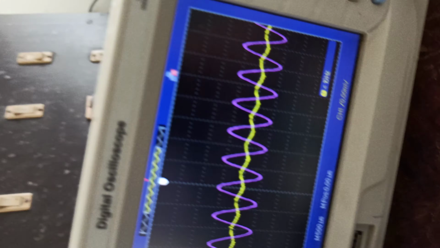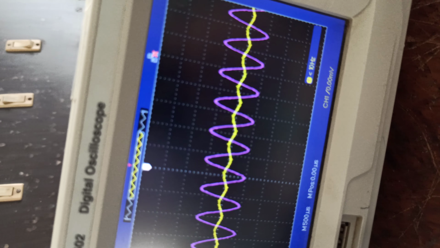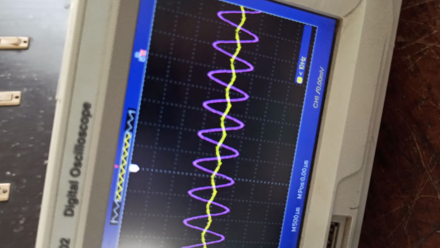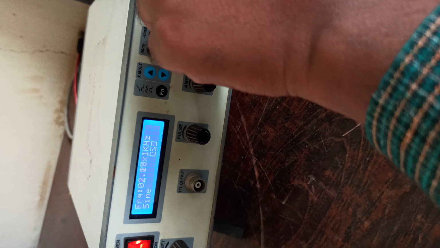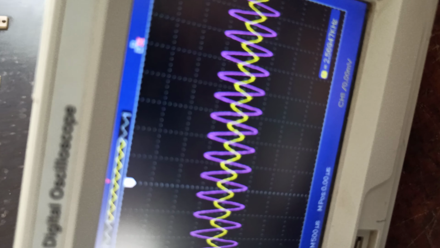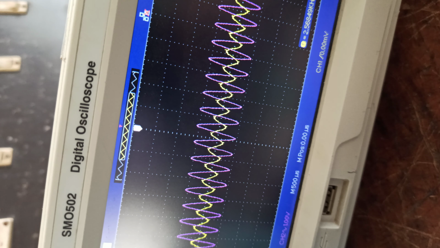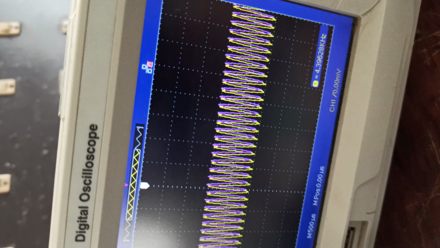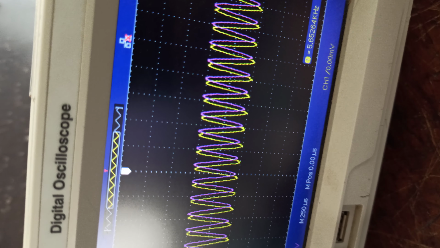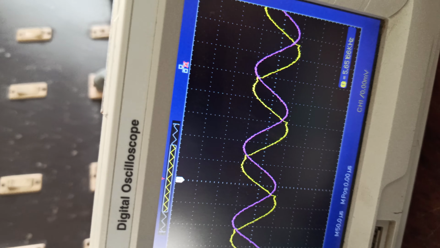For the lower frequency components, it is not allowing them, that is, there is no output voltage, or the output voltage value is very low. Just keep increasing. I will keep it at 2.5. When you keep increasing the frequency value, in the yellow color line you can see the peak to peak value is increasing.